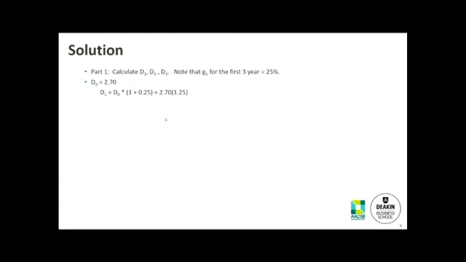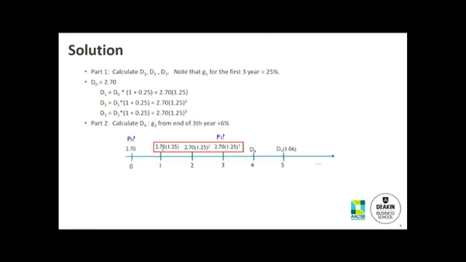D1 equals D0 times 1 plus 25%. D2 equals D1 times 1 plus 25%. D3 equals D2 times 1 plus 25%.